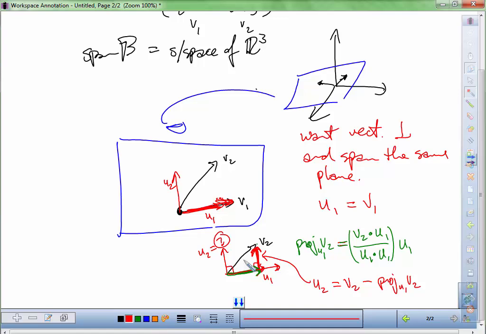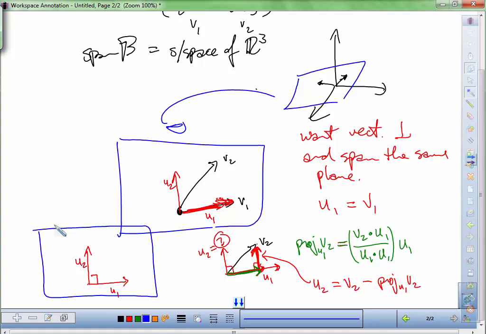So now if we change our picture to these two vectors U1 and U2 and completely ignore V1 and V2, then these two vectors are perpendicular and they would span the same plane.